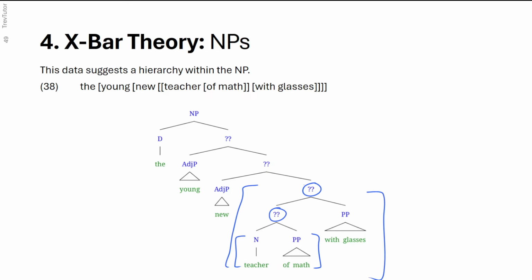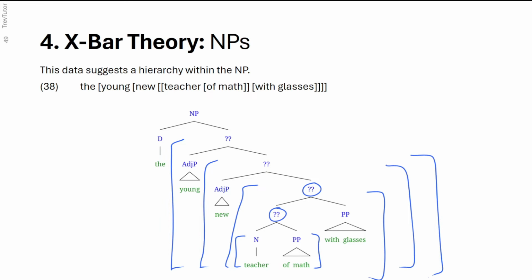So we should have some projection of the noun that is incorporating with glasses now. And then we can start incorporating our adjectives one at a time. So new teacher of math with glasses should be a constituent. Young new teacher of math with glasses should be a constituent. And then when we incorporate the, we get our complete noun phrase. And now we have a subject or object or indirect object in English.